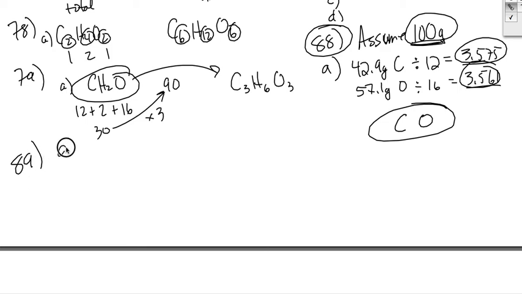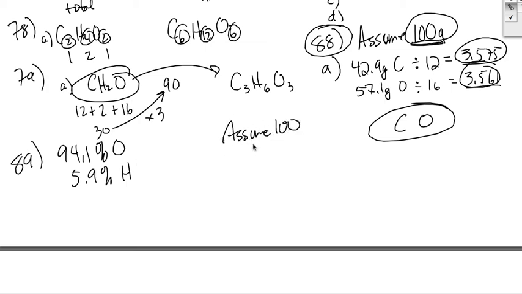So it says you've got 94.1% oxygen and 5.9% hydrogen. You're going to do exactly the same thing. Assume 100 grams. So if that's the case, you've got 94.1 grams of oxygen and 5.9 grams of hydrogen.